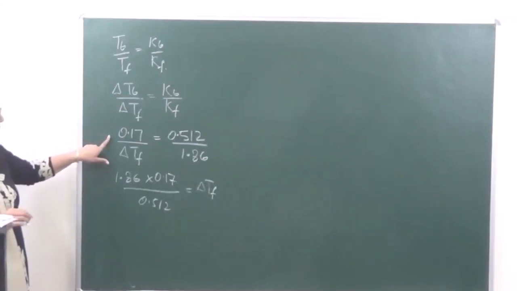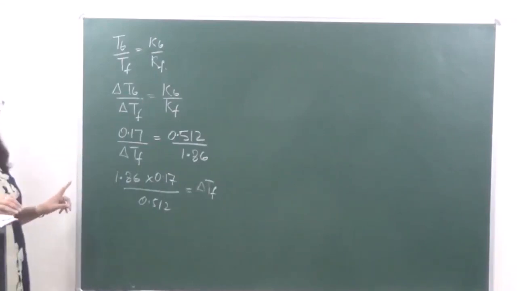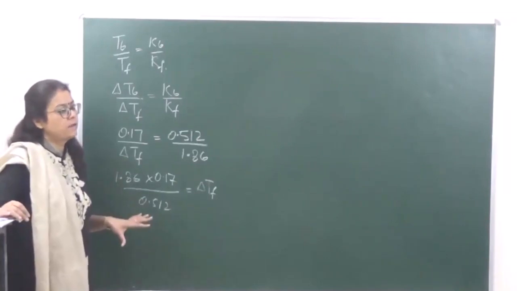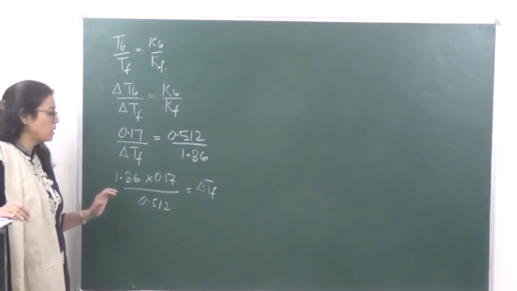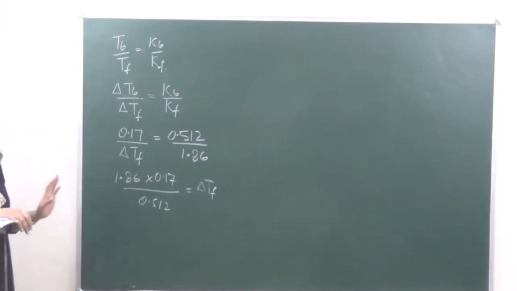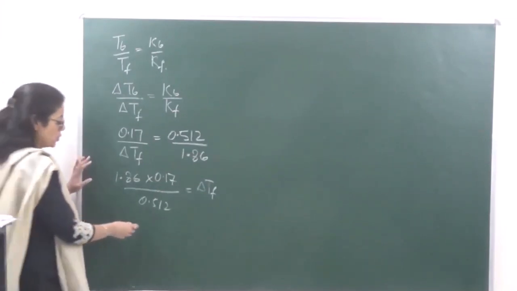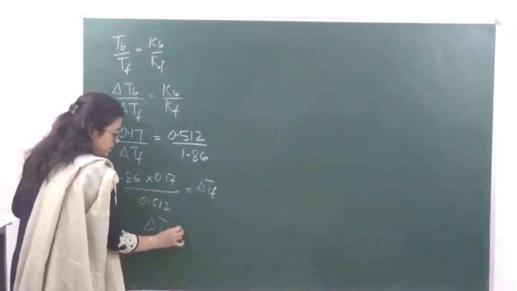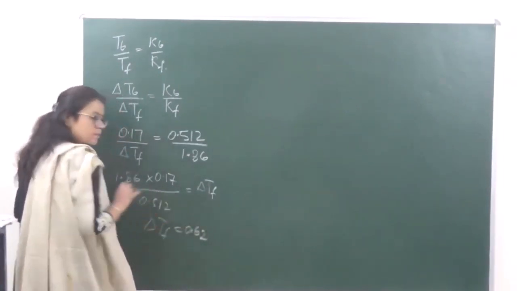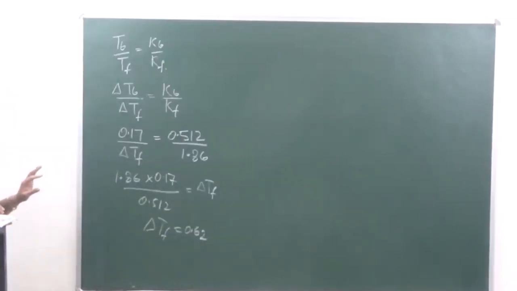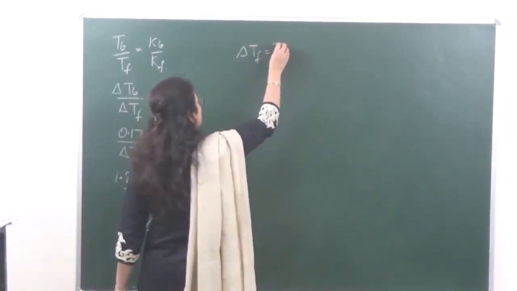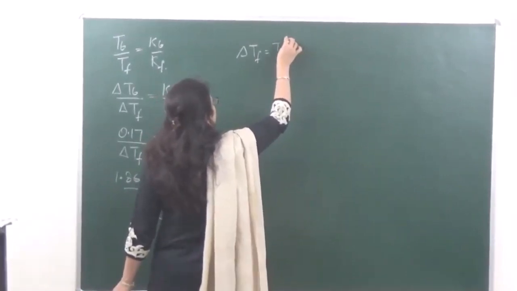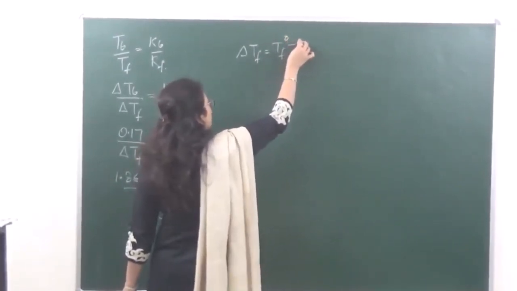Right? Now because we are taking delta Tf, we need not convert it into Kelvin, because it is a change in temperature. So we can take it in degrees Celsius only. So delta Tf from here is going to come to 0.62. And they have asked us the freezing point of the solution. After this, delta Tf is equal to Tf naught minus Tf.